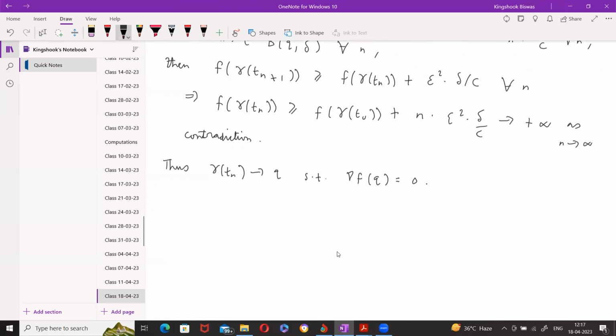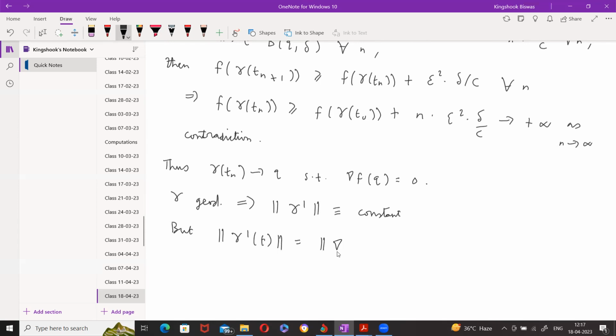So since gamma is a geodesic, this implies that norm gamma prime is constant. Geodesics have constant speed, right? But norm of gamma prime t, what is this? This is the gradient vector field.